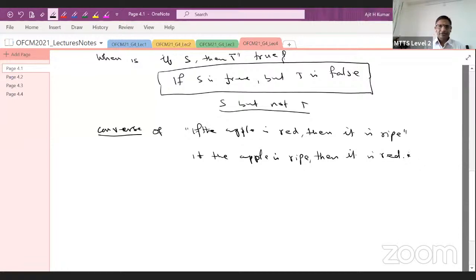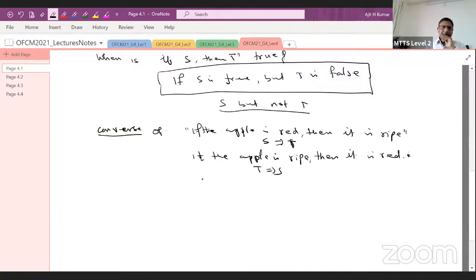This is what we call the converse. In the first one, your given condition is S, and then you are concluding T. So the converse will be the other way around. Now T becomes the given condition and S the conclusion. I can write the first as S implies T, and the converse will be T implies S.